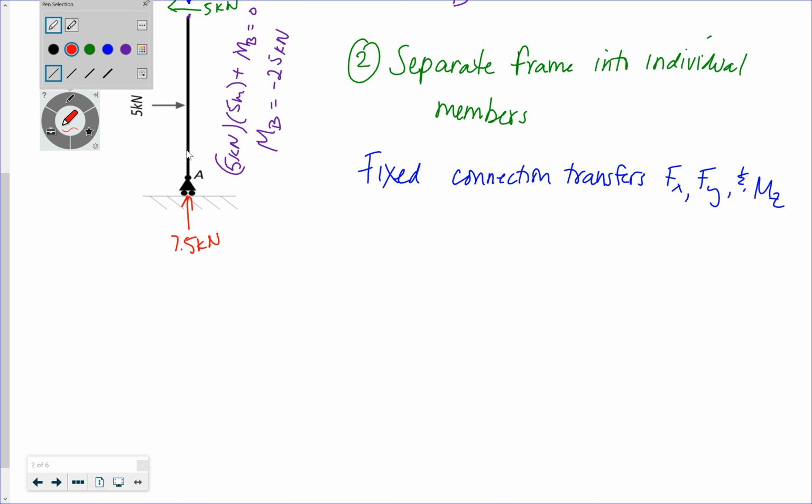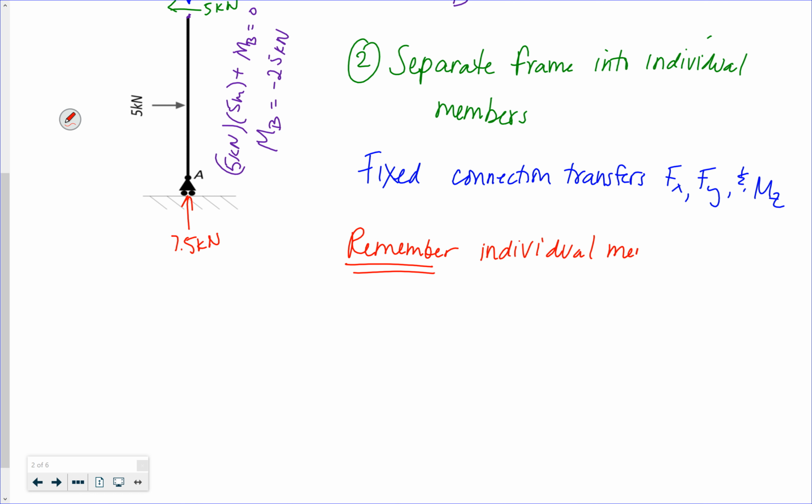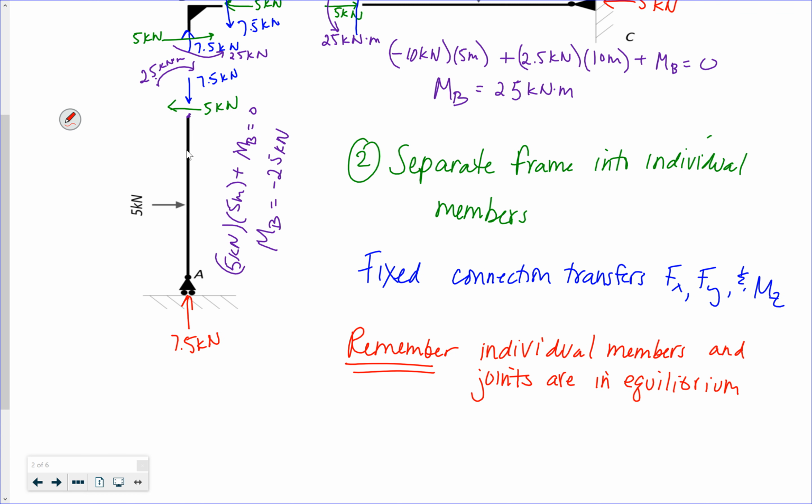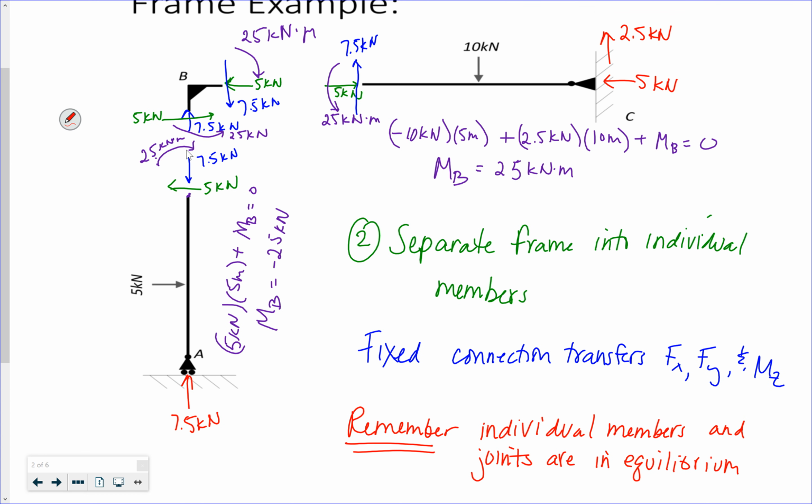Remember, individual members and joints are in equilibrium. So it's a good check, if you do that and you realize that they're not, then this is the point to step back and go check it out.